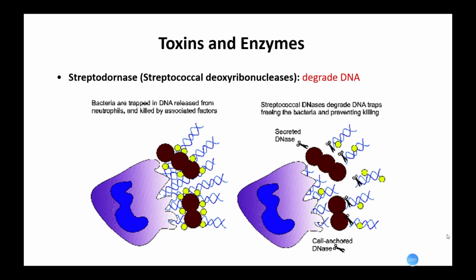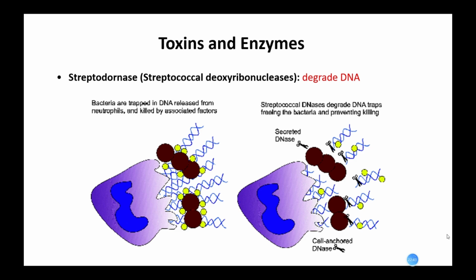Previously we mentioned that our immune system developed different mechanisms to fight against bacterial infection. And one of the mechanisms is that neutrophils are able to release their DNA from the nucleus to the extracellular matrix to form the neutrophil extracellular trap, NET, so that in the extracellular trap, it can bind the bacteria and kill them.